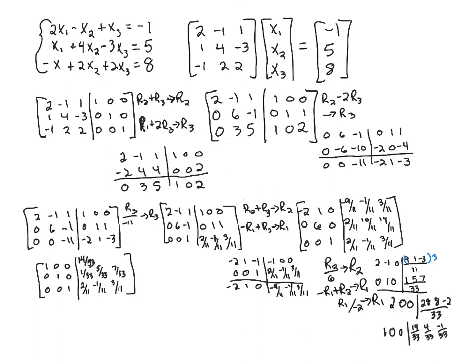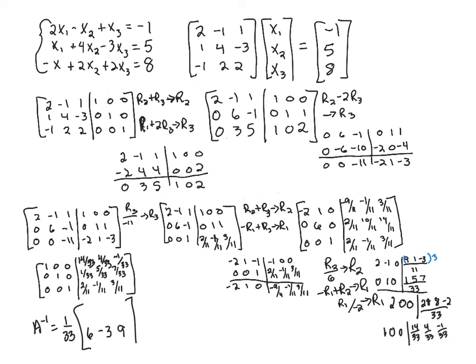Now notice that the bottom row is over 11. Everything else is over 33. So if I'm going to factor out the denominator, I'm going to have to multiply the bottom row by 3 over 3 first. And I'm going to get A inverse is 1 over 33 times the matrix, doing the bottom first, multiplying everybody by 3.